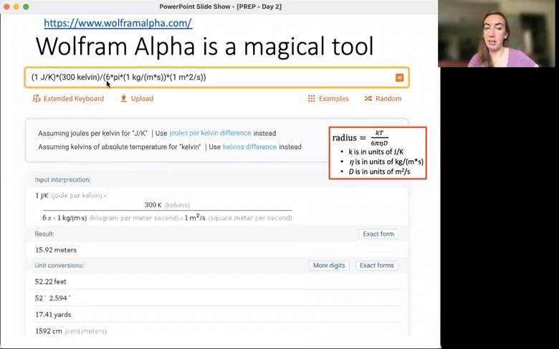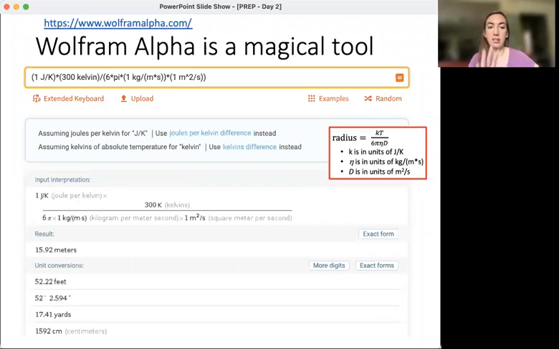And then on the bottom, I'm putting 6 times pi. I'm putting 1 kilogram divided by meters times seconds. So I'm putting in something in these units of viscosity, these units I've given you here. And then I'm putting in some number in units of meters squared per second. So in this case, I'm just making up the numbers, but I'm getting the units right.